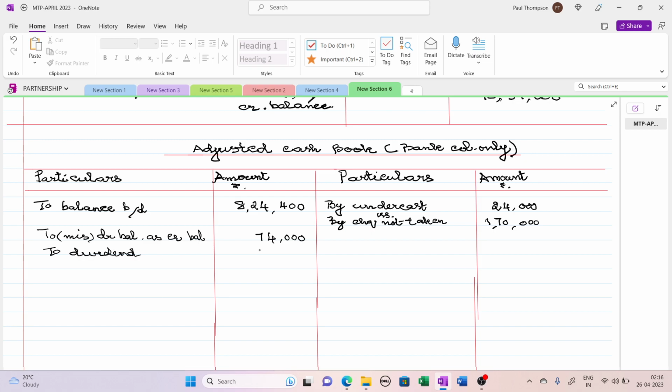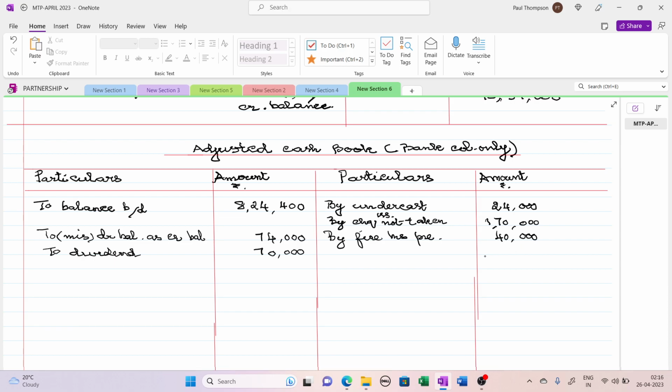Through the bank statement I am able to know they have collected a dividend and they made a payment of insurance. So payment also I can write, by fire insurance premium. They made a payment of 40,000. So I have written in my cash book there is a payment of 40,000.